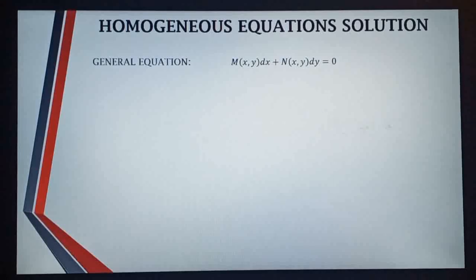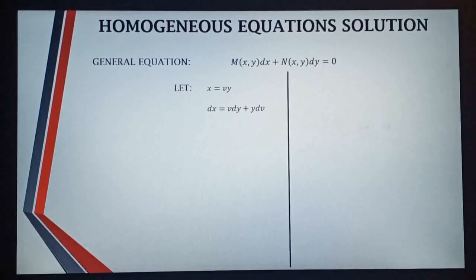So we do have two solutions. First is you let x equated to y multiplied to another variable. Let's say in this condition, you will use v. So, papalitan natin si x ng vy. So, syempre, pag pinalitan mo si x, papalitan mo si dx. So, you need to differentiate the equation x equals vy.